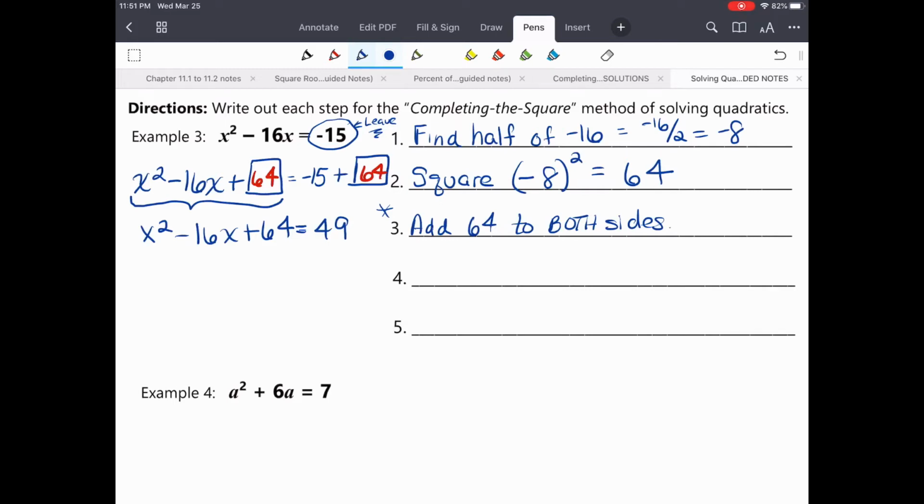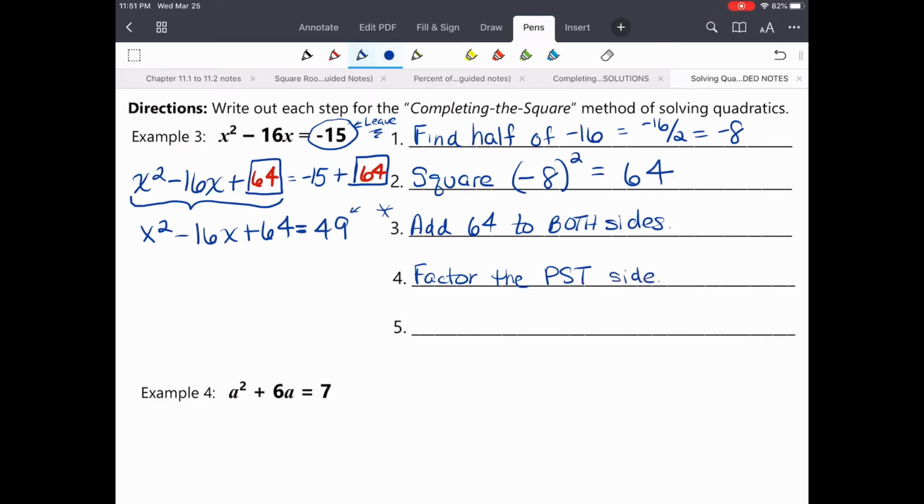Okay? And like I said, don't get too wrapped up in whether that's a 0 or not. It's okay that that's not 0. For completing the square, that's not going to be the same method. All right, now the next step is going to be to factor the PST side.